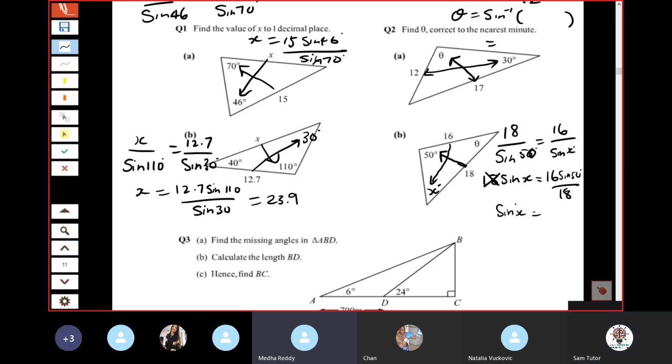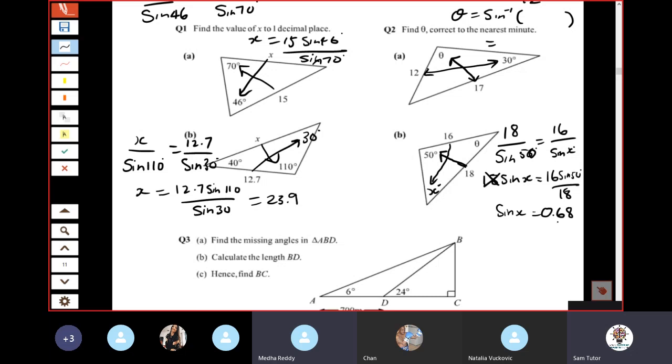Is it 16 sine 50 over 18? It's like 0.868. Yeah.